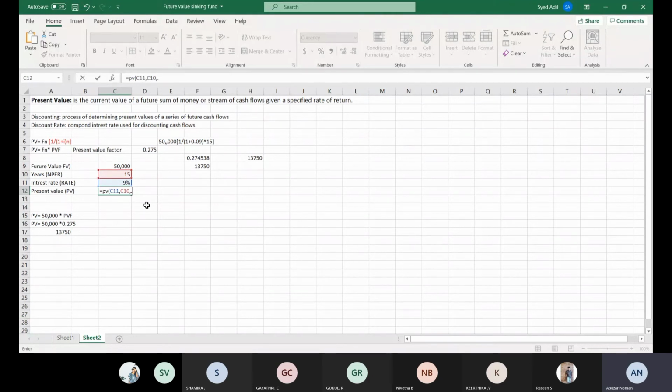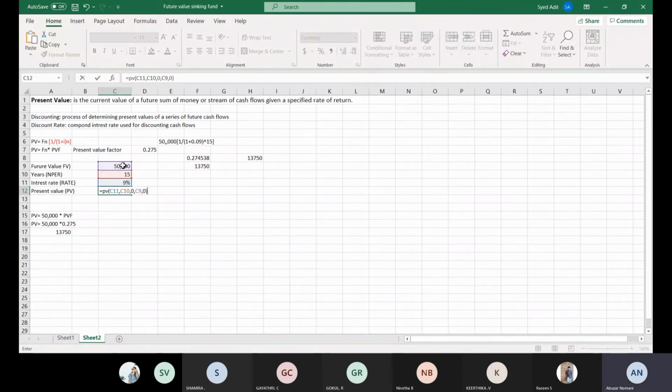There is no installment in that, so we will put 0 here. Then what is the future value? Future value is 50,000. Okay, so we will put future value here. Then because there is no payment other than 1, so we will put 0 again here, and close the bracket.